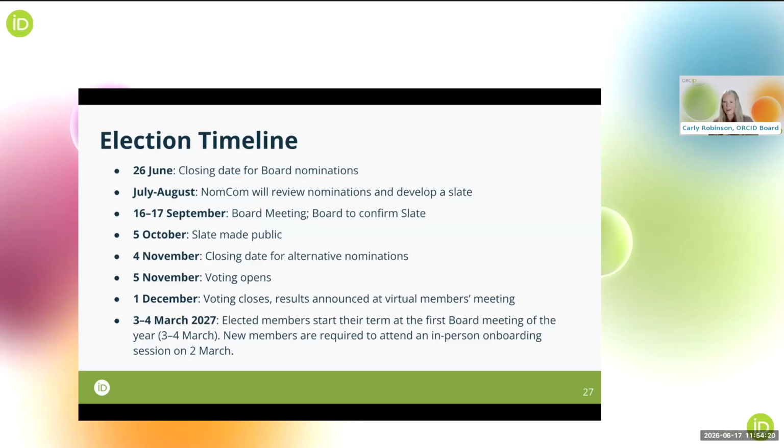And then voting opens. I'll defer to Stephanie or Kimberly. I think there's a couple of emails that go out in that time reminding folks about voting and getting the necessary information to the voting contacts so that they're ready for voting to open in early November, on the 5th. We have just about a month for voting to be open, and then we will close and announce the results at a virtual member meeting.